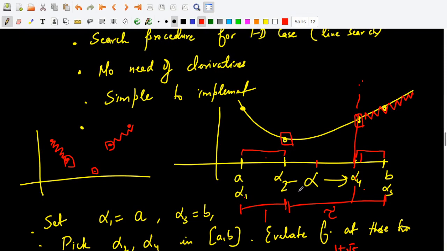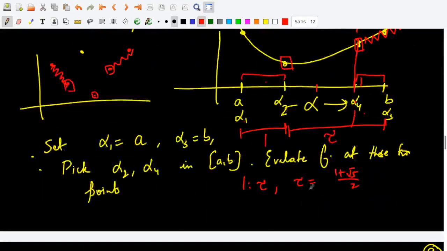So why should this tau be this golden value? Well, it turns out that if you pick this tau, then you chop off the maximum region consistently. In other schemes, you can pick it to be other value, but then sometimes you might cut off a small piece, sometimes you might cut off a larger piece.